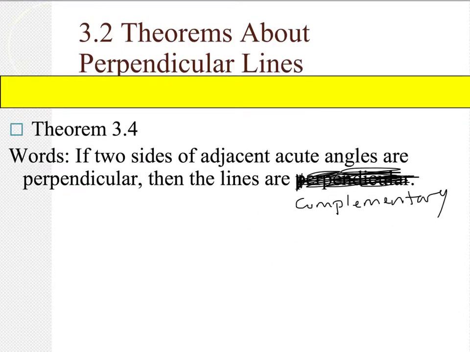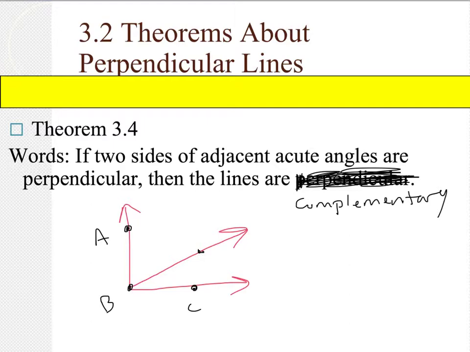So if you look at this one, theorem 3.4: if two sides of adjacent acute angles are perpendicular, then the angles are complementary. Okay, so what this means is if I give you two angles here, adjacent, going right down the middle, I'm going to look at A, B, and C again with D in the middle.